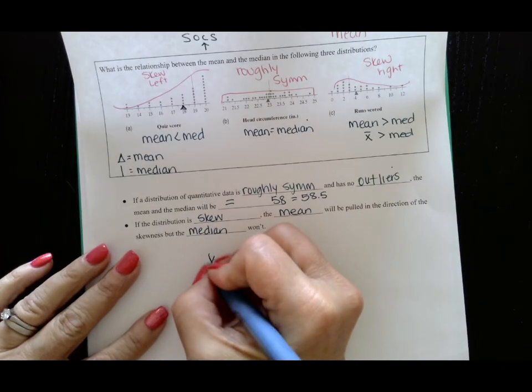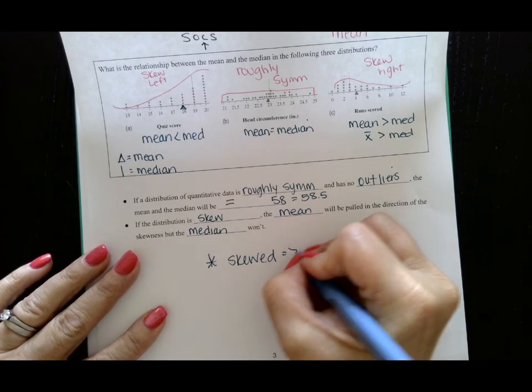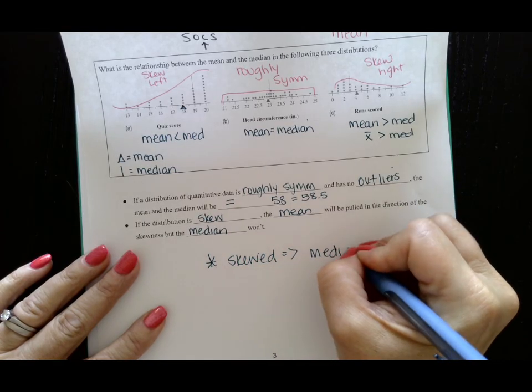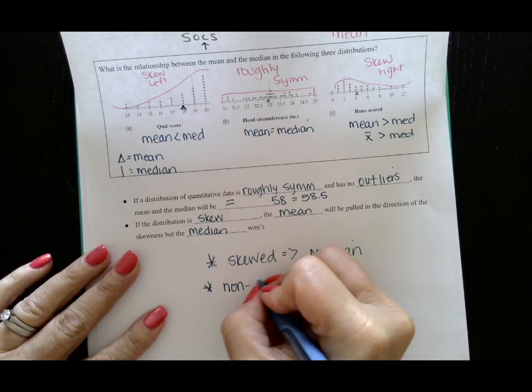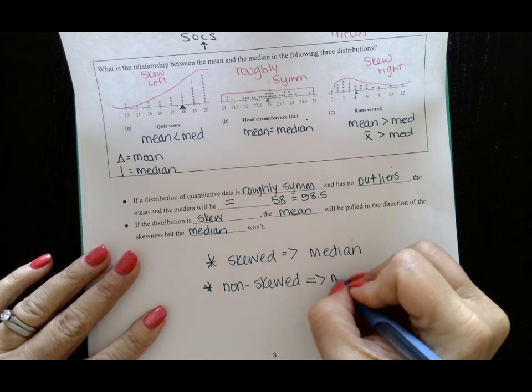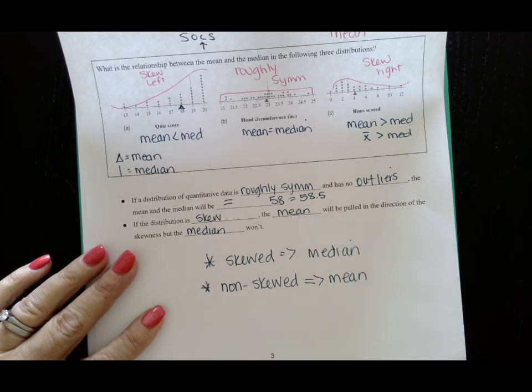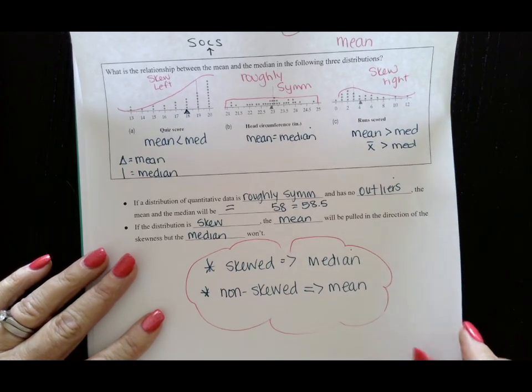So bottom line, if we have skewed data, we always use the median as our center. If we have non-skewed data, then we're always going to use the mean as our center. This is always, always, super important. All right, that's it for today.